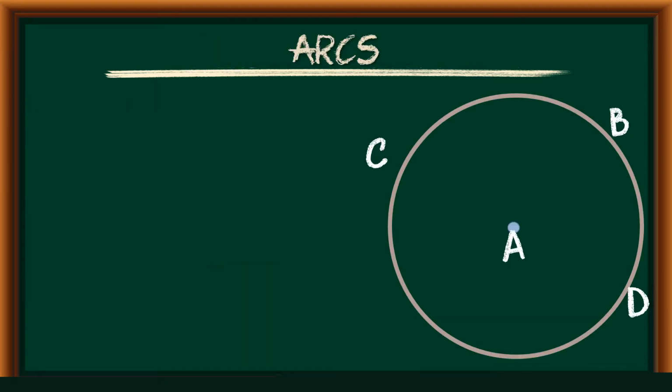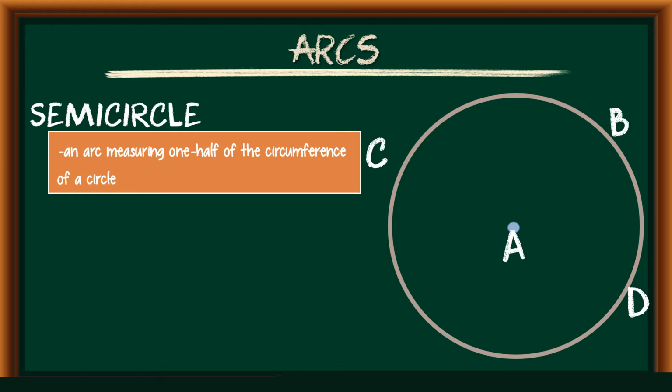Next, let us go to arcs. In Tagalog, yes, arco. Again, suppose we have circle A over here. Let us define semicircle. Okay, from the word semi, kalahati. An arc measuring 1/2 of the circumference of the circle.